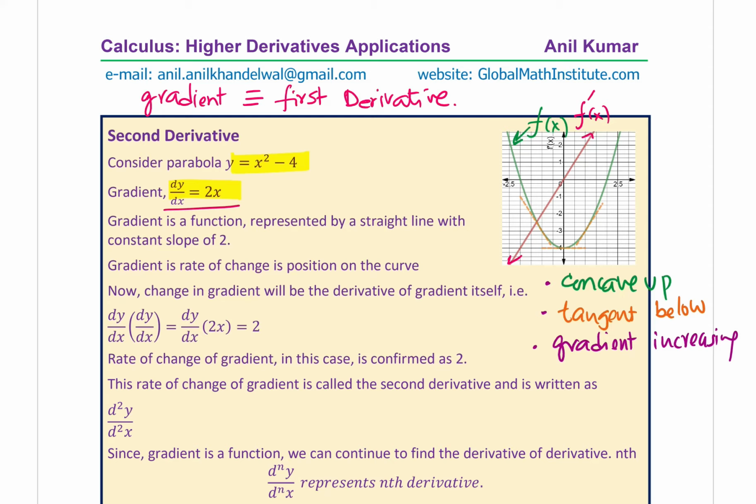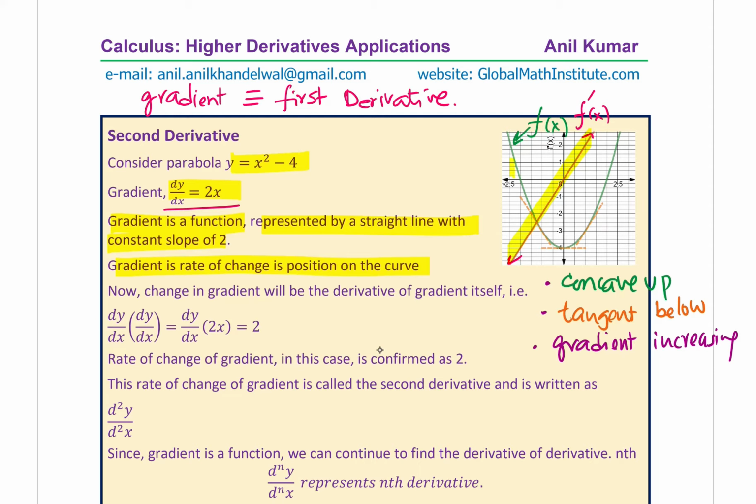So what is this 2? It is rate of change of gradient, right? So that is kind of important to understand. So when you have a function, the gradient is also a function, which is being represented by a line with a constant slope 2. This is the constant slope of 2 for a line, 2x. So gradient is rate of change in position.